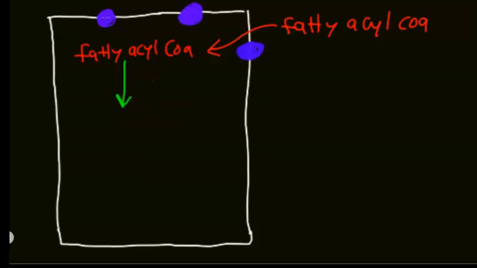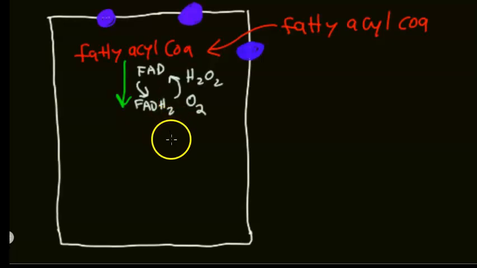So we're going to convert our FAD into FADH2. Okay? And during this same step, because we do not have an electron transport chain in the peroxisome, we cannot reoxidize it there. So what's going to happen is this FADH2 is going to go back to FAD.